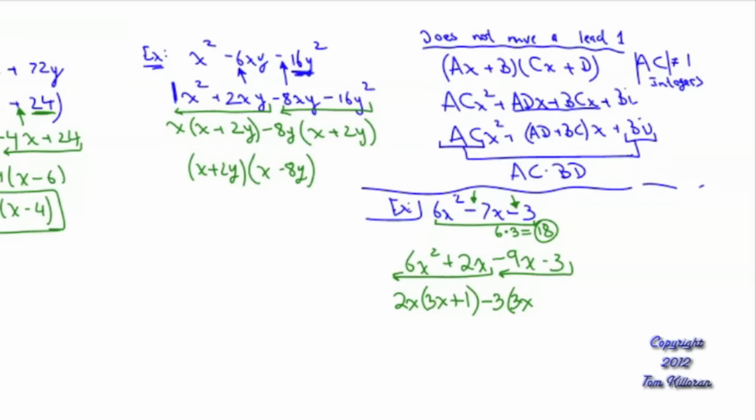Negative 3 divided by negative 3 is plus 1. Now they have something in common. 3x plus 1. What's left behind after you divide those away? 2x minus 3. And that is a perfectly fine factor.